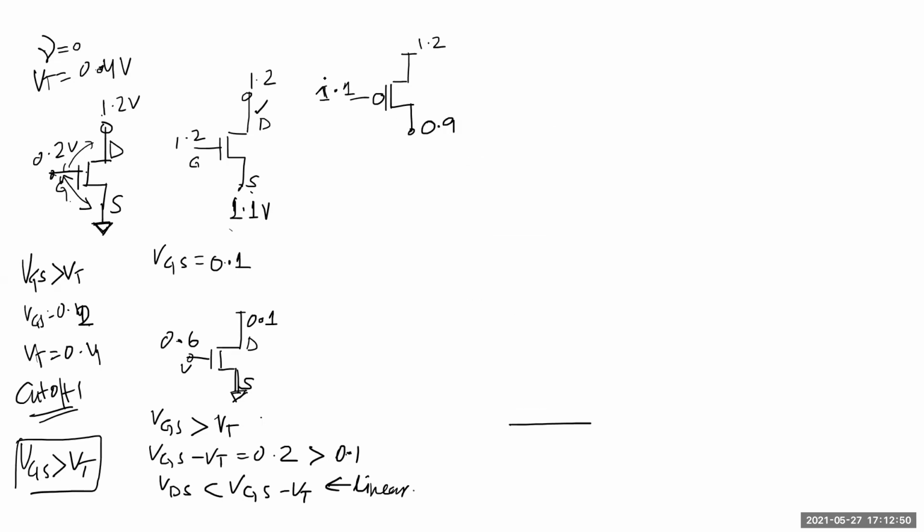Okay, and VTP, which is a negative number, so I'll make it minus 0.4 volts. Okay, what's the region of operation? Okay, cutoff.